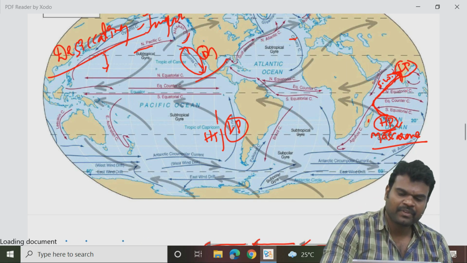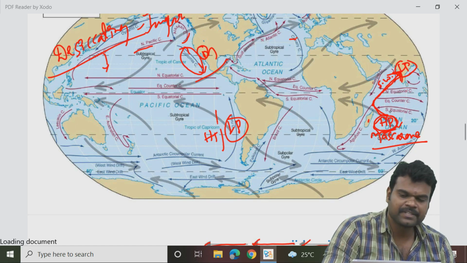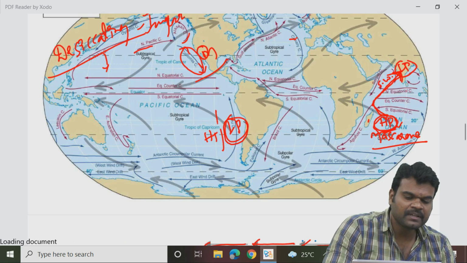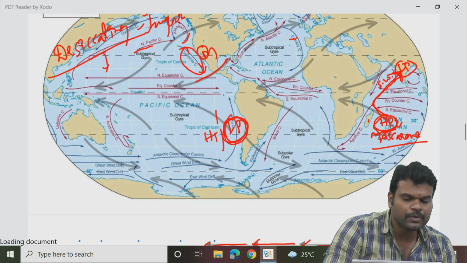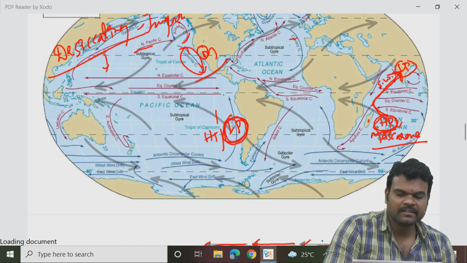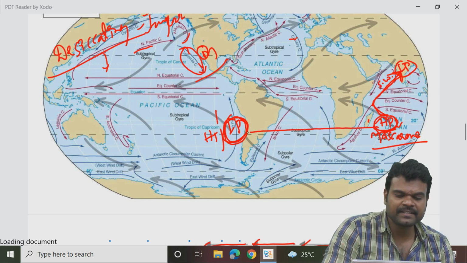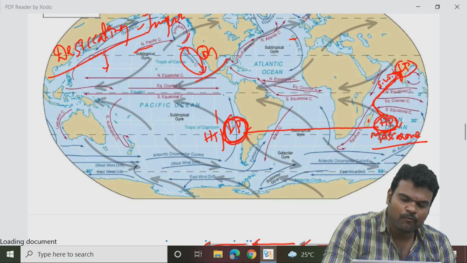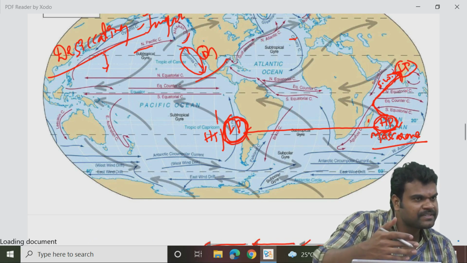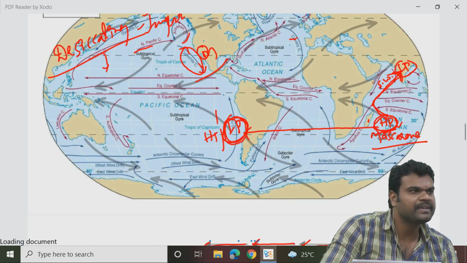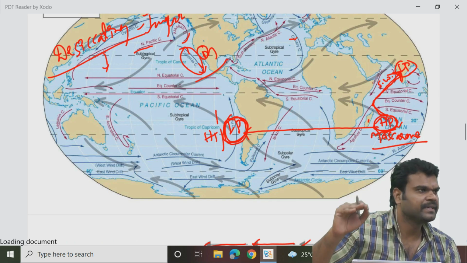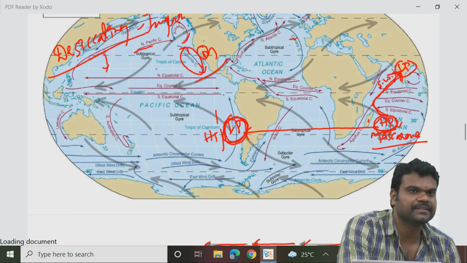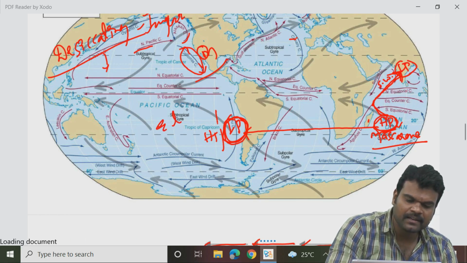Here you have one pressure center which is pushing the winds towards India. Now, because of the formation of this new low pressure center, this pressure center starts sending some winds towards this. As a result, what will happen to the net amount of winds that ought to be received by India? Decreases. If that is the case, what about the rainfall in India? Decreases. This is called El Niño.